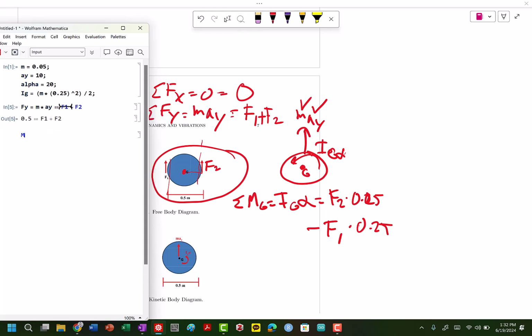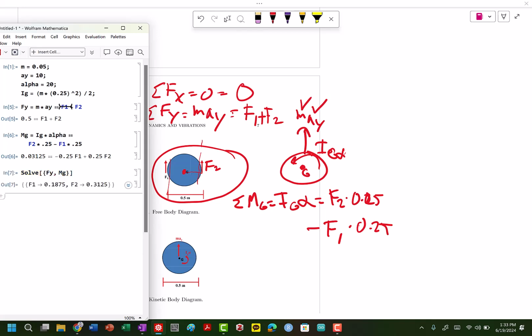And then the sum of the moments about G, IG times alpha, set equal to F2 times 0.25 minus F1 times 0.25. Now we're going to solve. And there we go, so we have our values.